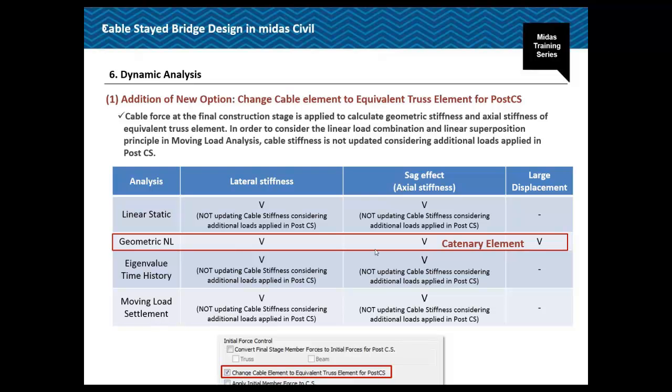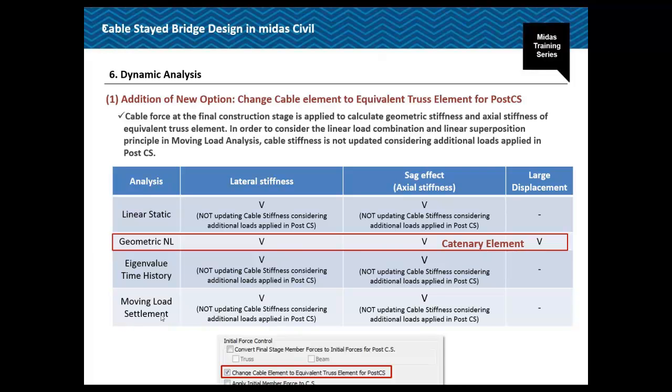But the thing is, lateral stiffness and sag effect will be identically applied for the linear static, eigenvalue, or moving load settlement. They are all the same, which means now we can consider the linear load combination for this type of element.